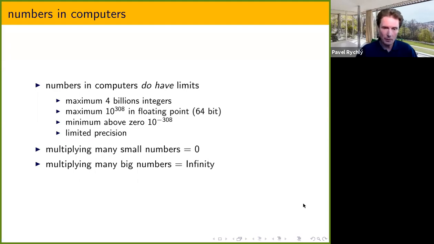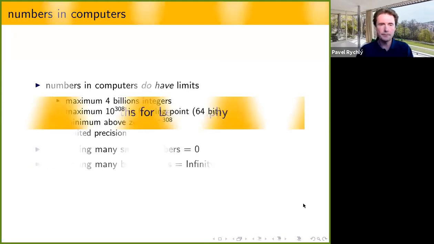So we have to know about this limit when we do some computation, and work around these limits. But working around this limit is not so hard, so I will not speak about these problems in the rest of the talk.